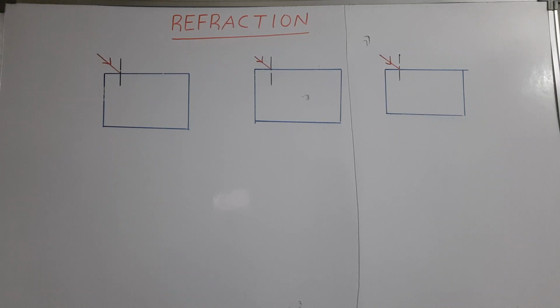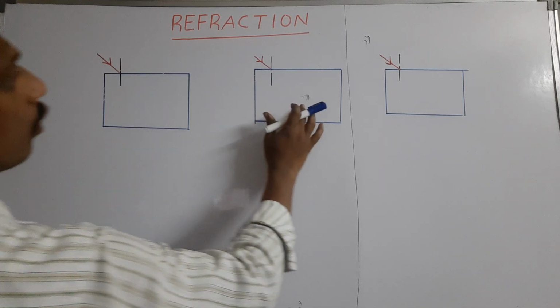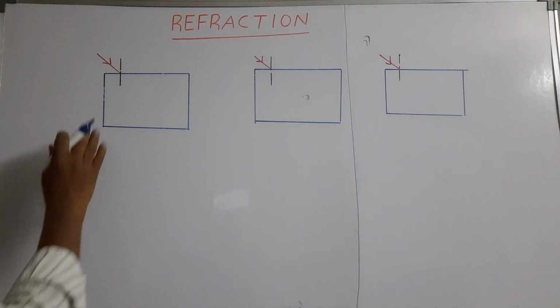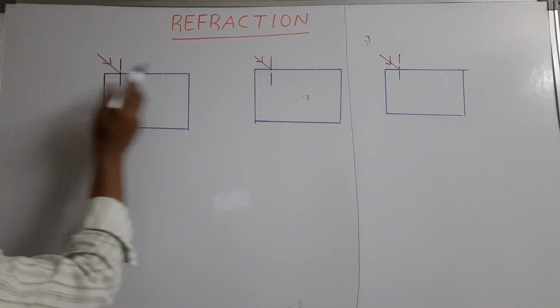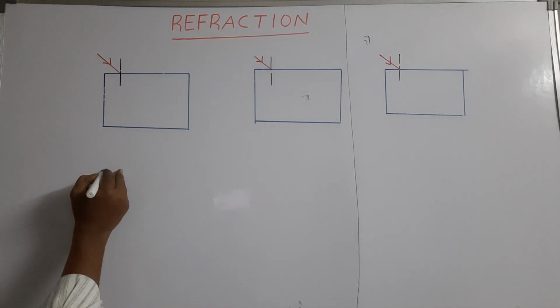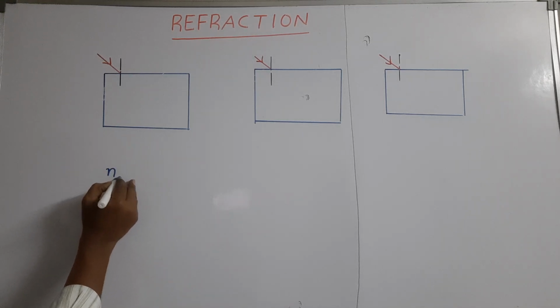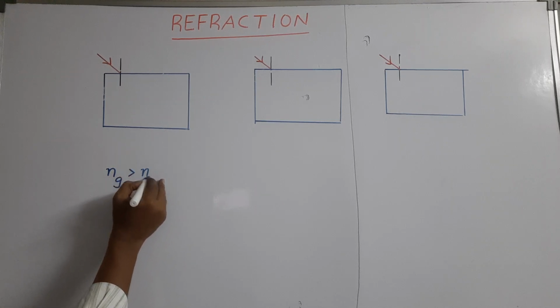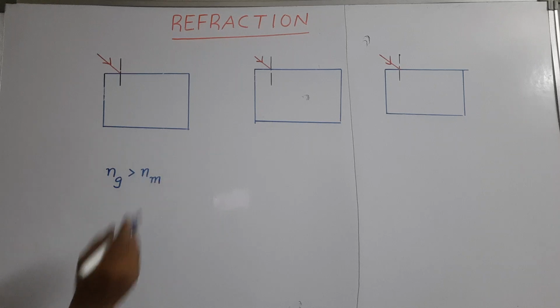Here three diagrams are given. These are glass slabs. Three glass slabs are placed. On the glass slabs, one light ray is incident at the top edge. Draw the refracted ray. Here, suppose the refractive index of the glass slab is greater than the refractive index of the surrounding medium.